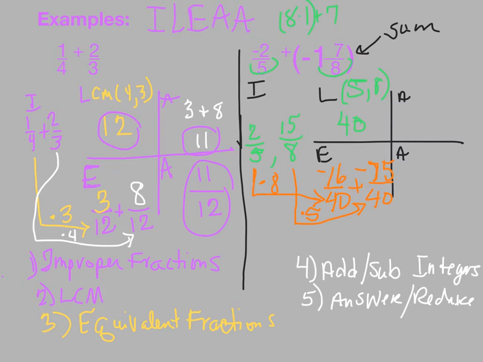So now my next A, I'm going to add, but only the numerators. So I'm going to have negative 16 plus negative 75. I am running out of room, so I am going to slide this over here. Just give me a moment to fix this. So again, that's negative 16 plus negative 75.